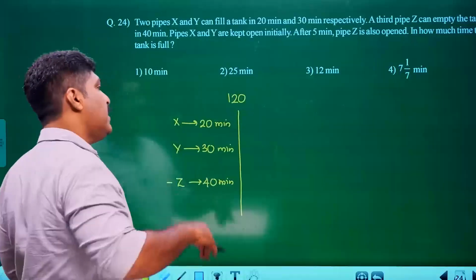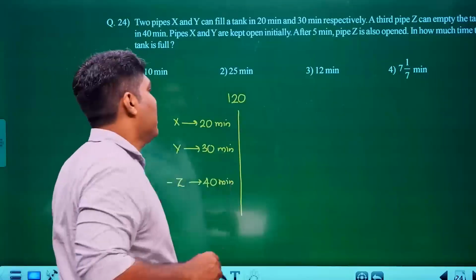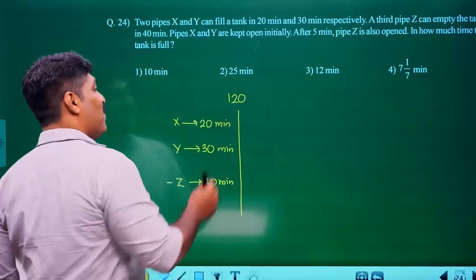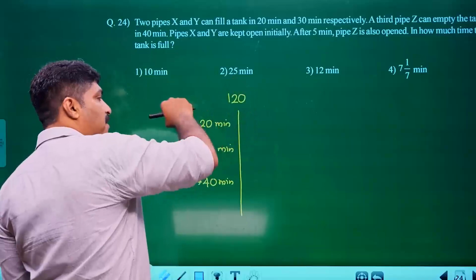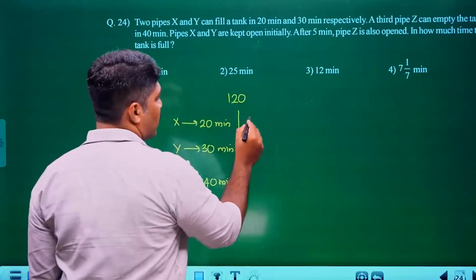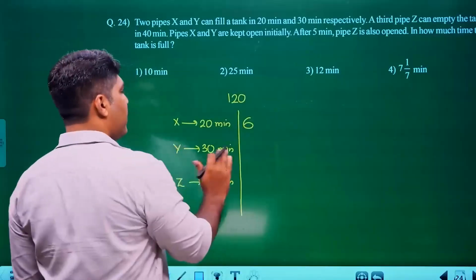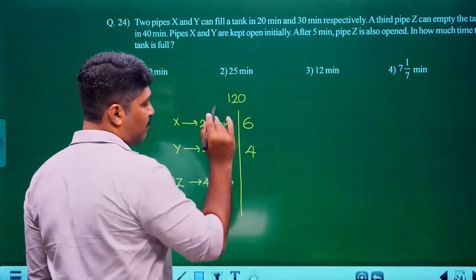Then this 120, you have to consider that as the capacity of this vessel or the tank. That is 120 liters. So this 120 liters can be filled by the first pipe alone in 20 minutes. That means it can fill 6 liters per minute. So the second pipe can fill 4 liters per minute.